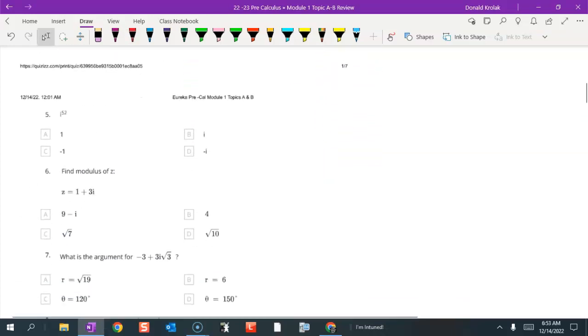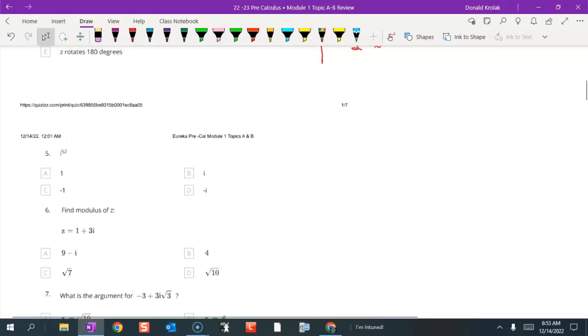All right, what is i to the 52nd? So you have i to the 0, that's 1. Then you have i to the first, which is i, i to the second, negative 1, i to the third, negative i, and i to the fourth is 1. So I'm going to see how many i to the fourths go into 52.